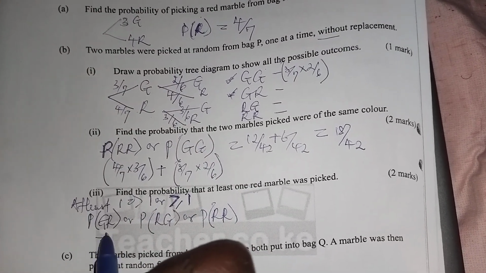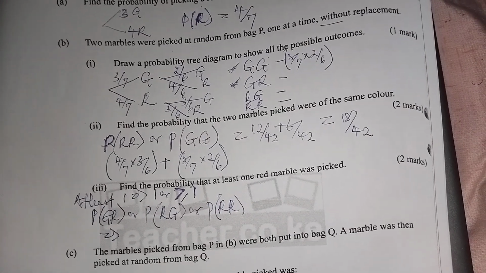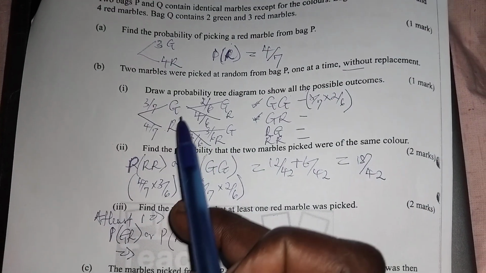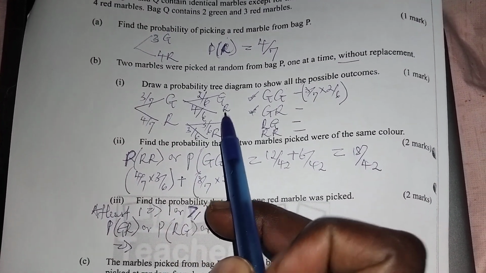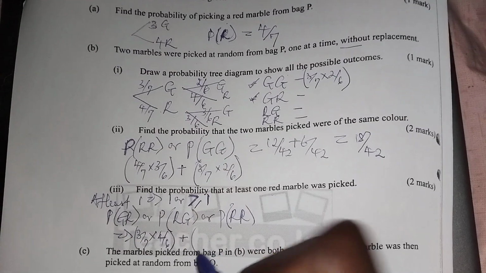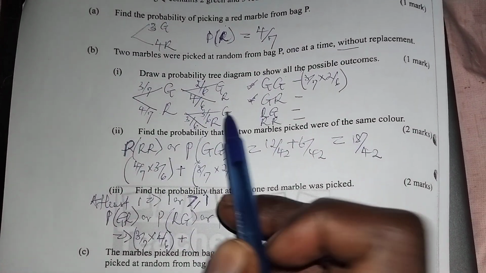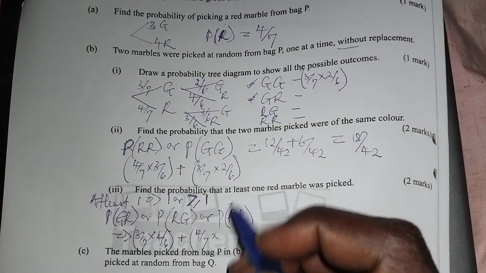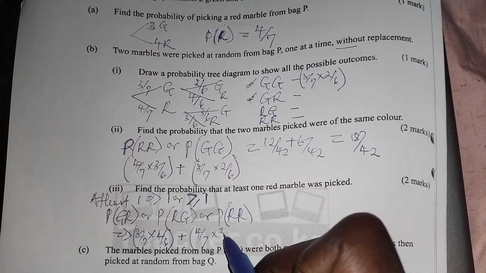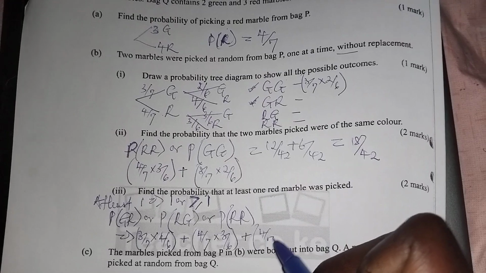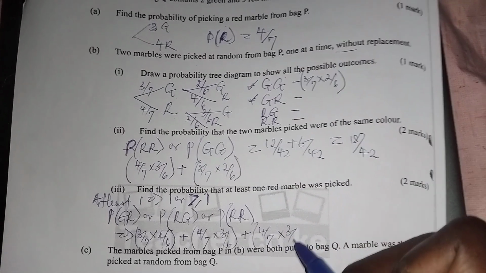So we have green, red: 3 over 7 times 4 over 6, plus red, green: 4 over 7 times 3 over 6, plus red, red: 4 over 7 times 3 over 6.